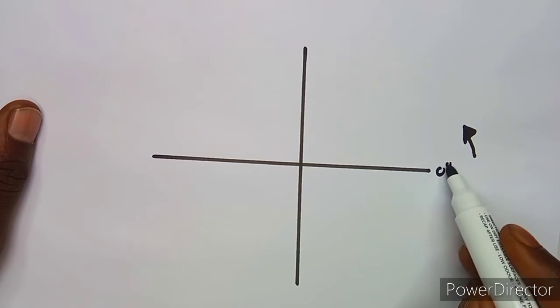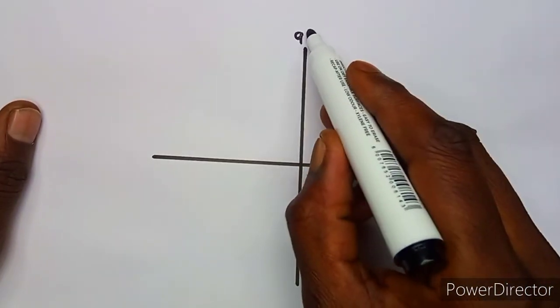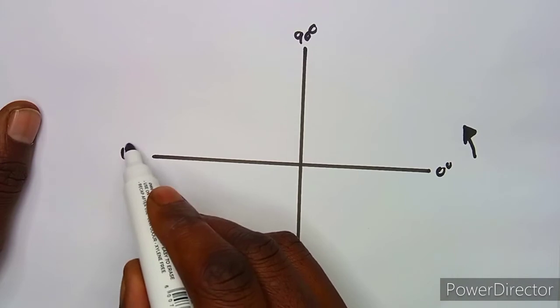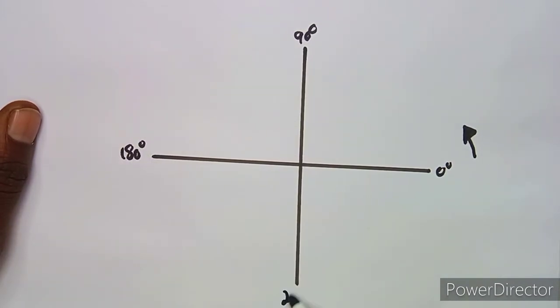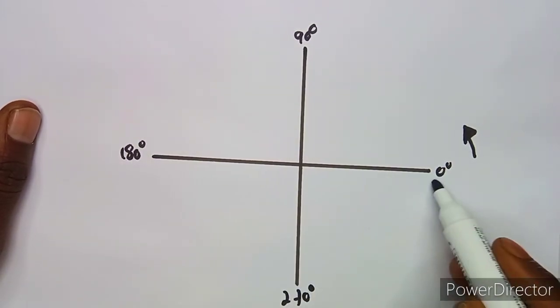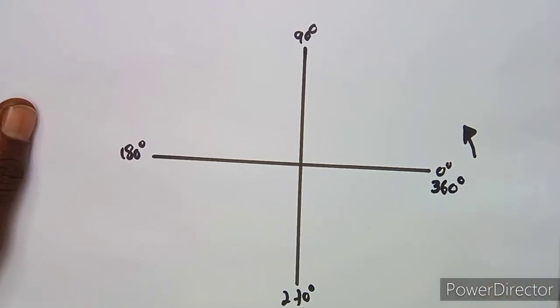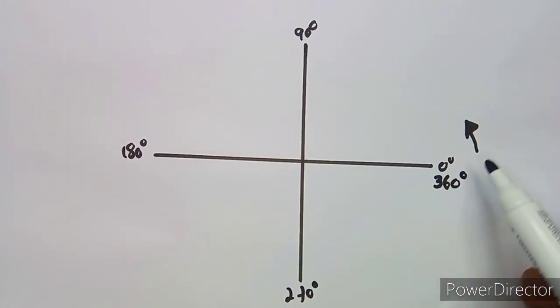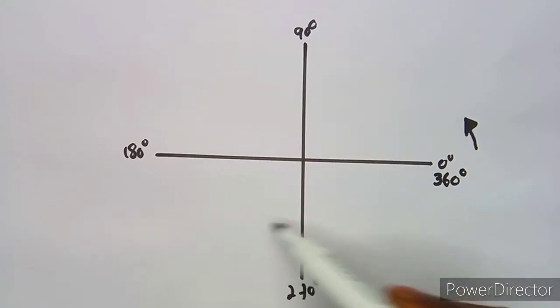So this is your 0 degrees, this is where you have your 90 degrees, this is where you have your 180, your 270 here, then you are back to 360 degrees. So you are going in an anti-clockwise direction like that.